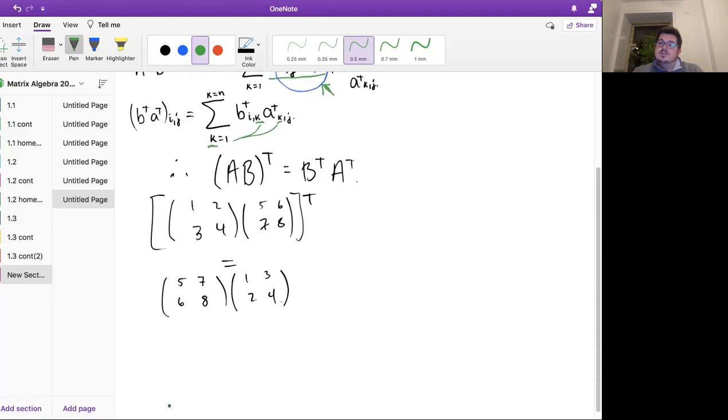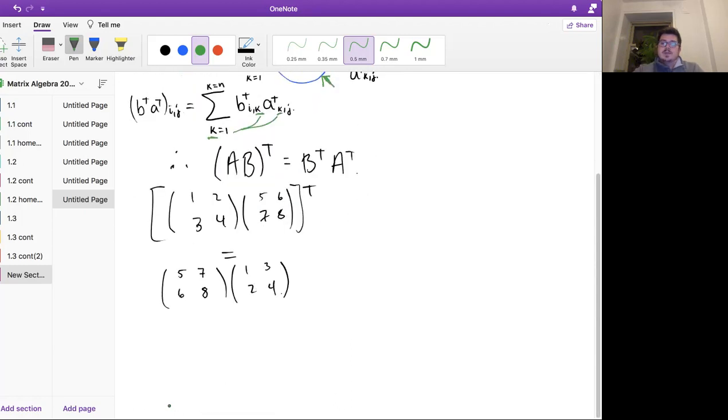Yeah, so this first one is AB, then the transpose of the product. So whatever that is, 5 plus 14, 6 plus 16, 15 plus 28, 18 plus 32, then transpose of that.